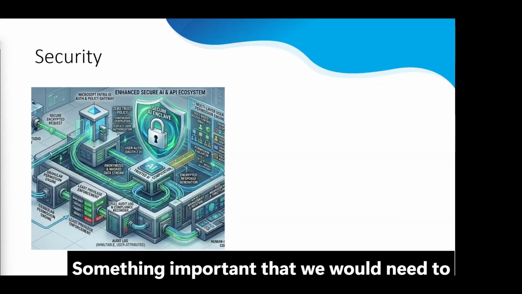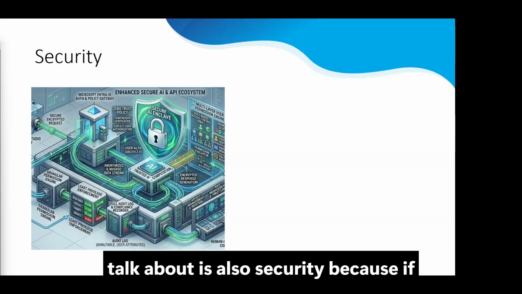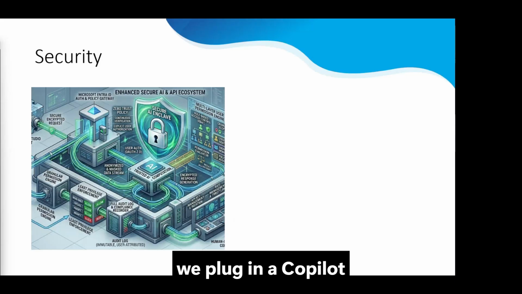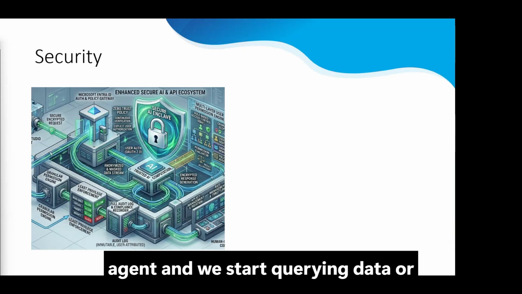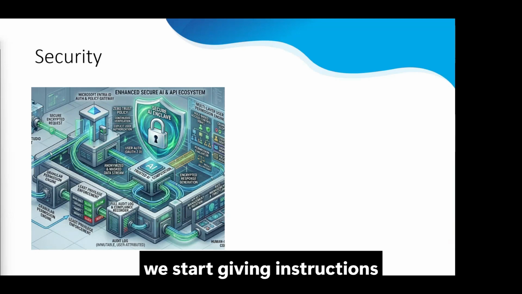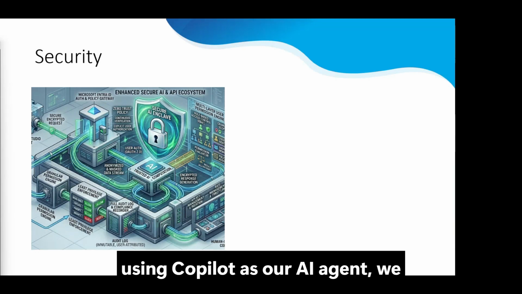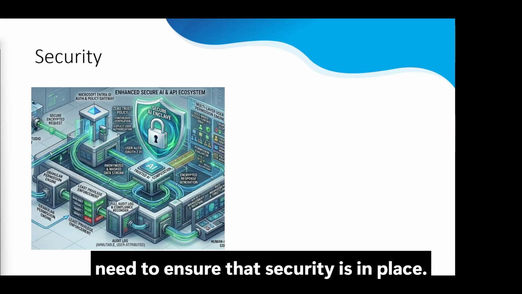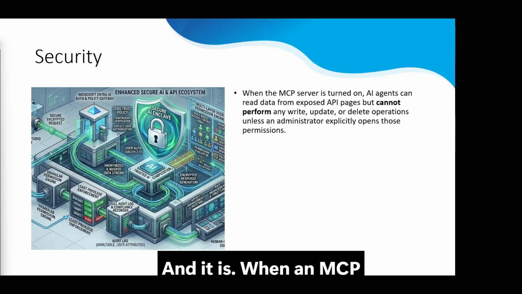Something important that we need to talk about is security, because if we plug in a Copilot agent and we start querying data, or giving instructions using Copilot as our AI agent, we need to ensure that security is in place. And it is.